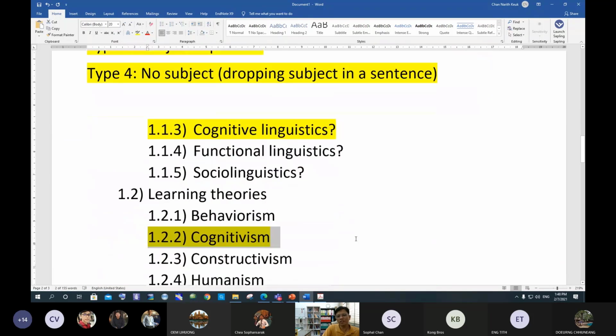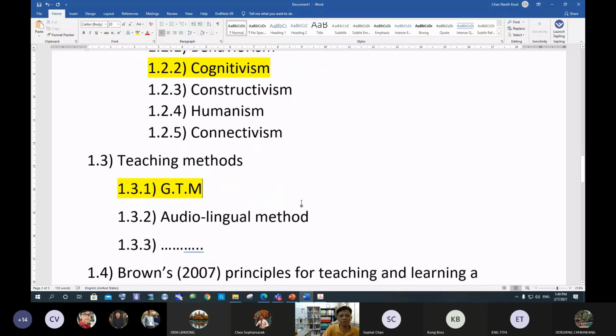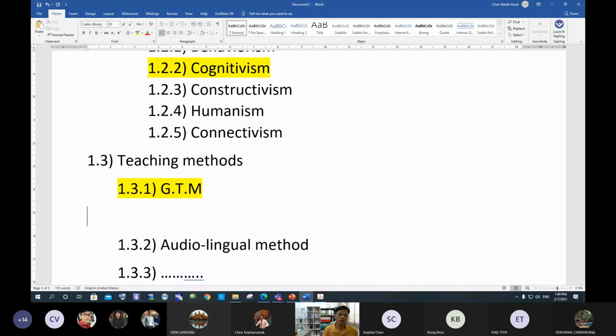And then you probably review the GTM method. One of the important elements in the GTM method is contrastive analysis hypothesis.